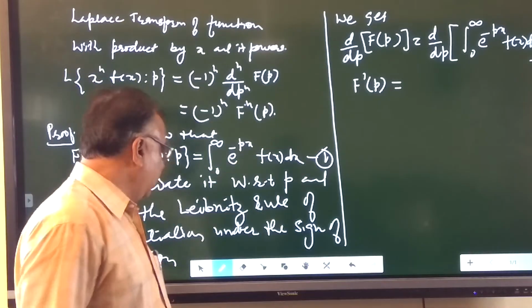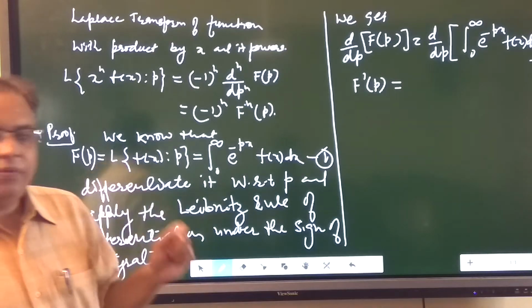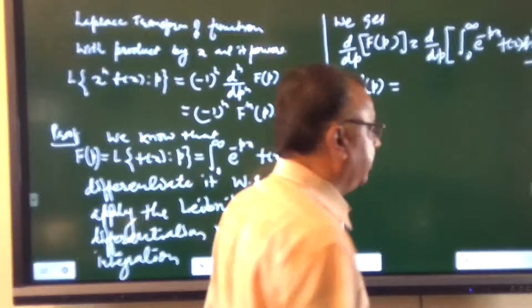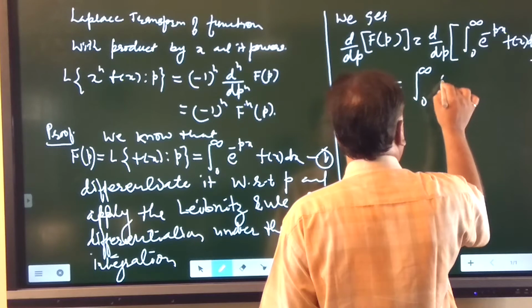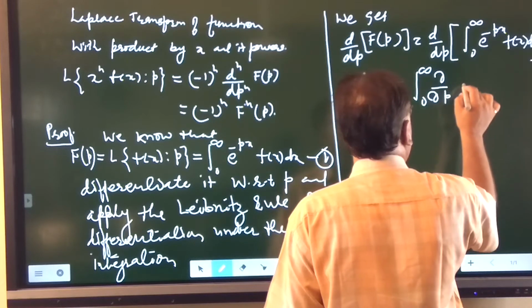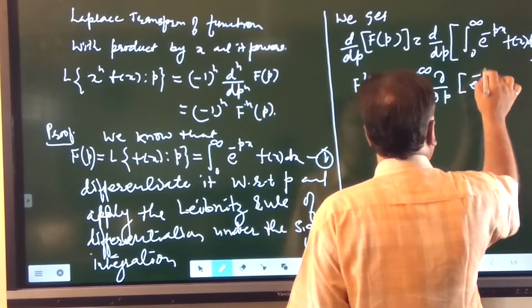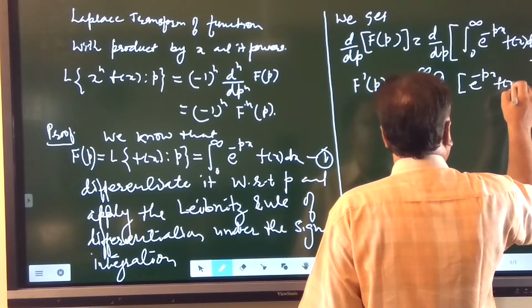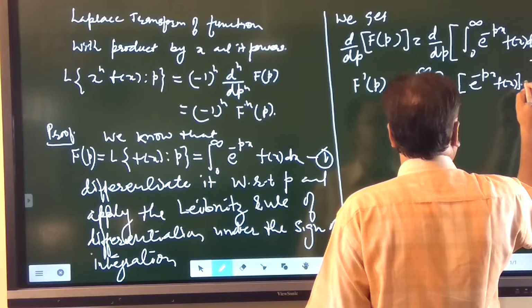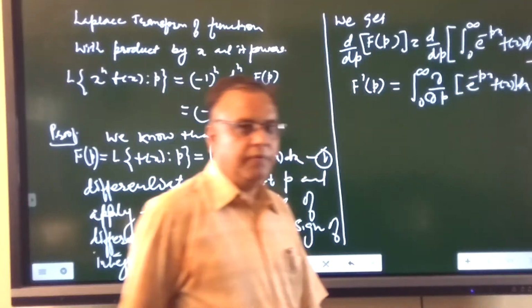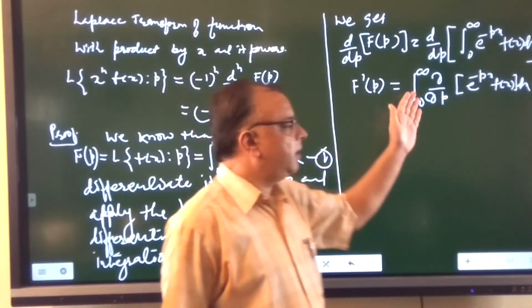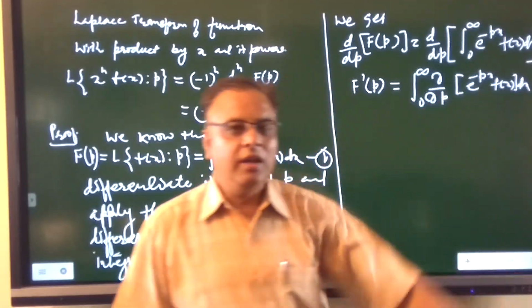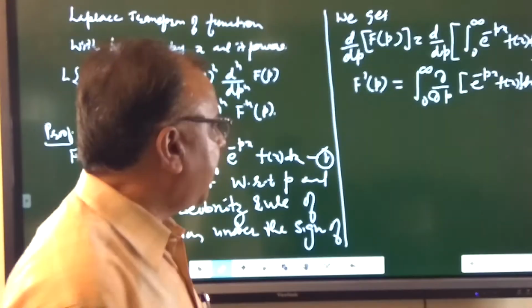Here we use the theorem of differentiation under the sign of integration, which shows that this is equal to integral 0 to infinity del by del p of e raised to minus px f(x) dx. Differentiation under the sign of integration means the partial derivative inside the integral sign.